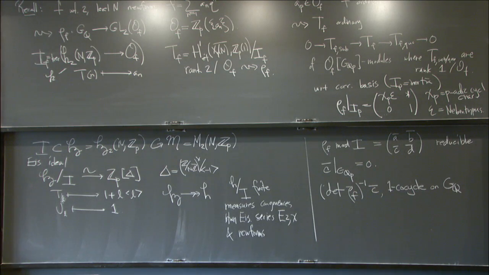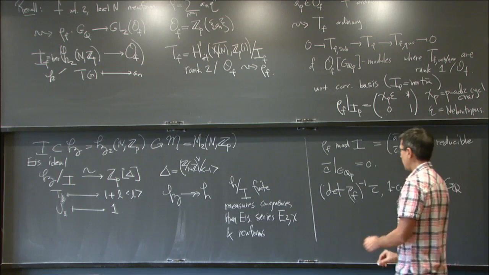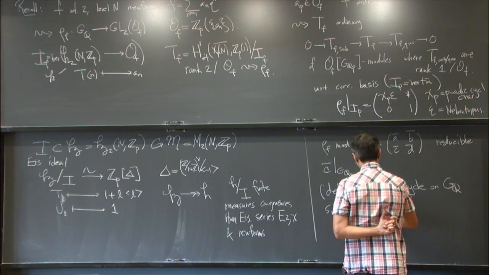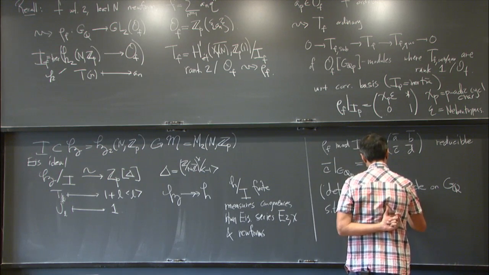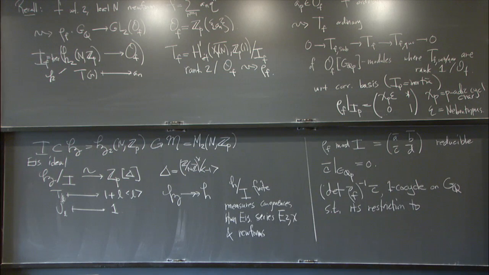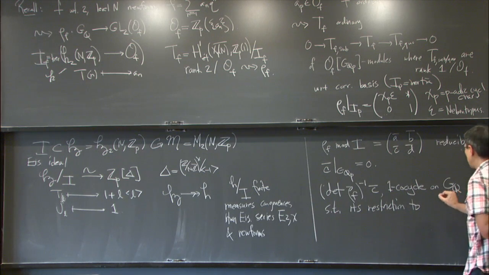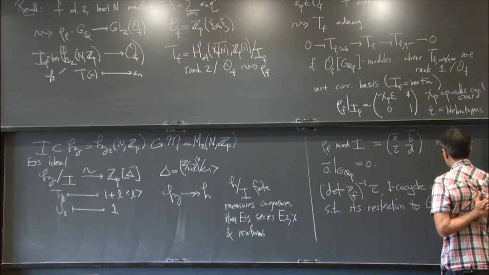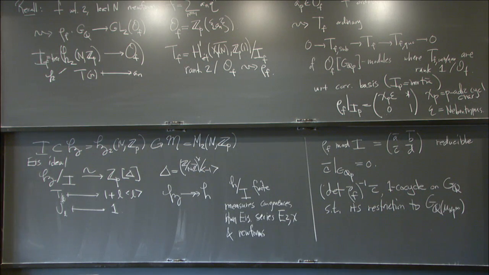And it has the property that its restriction, we actually have to go up to potentially quite a large group, G_{Q(mu_{N p^infinity})}, so add in all p-power roots of unity, is a homomorphism.